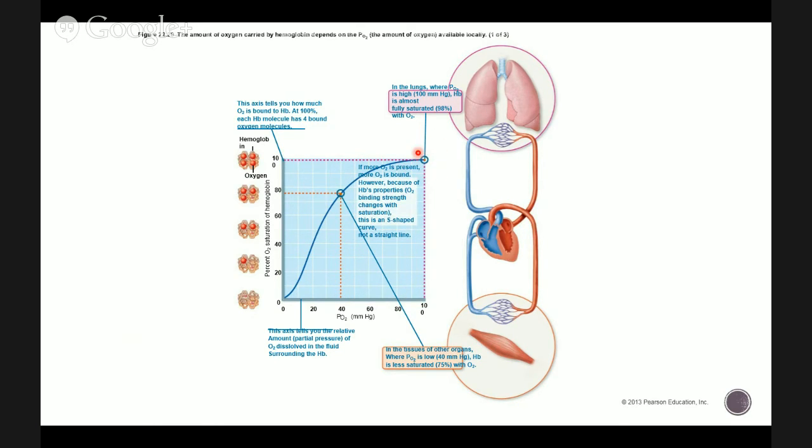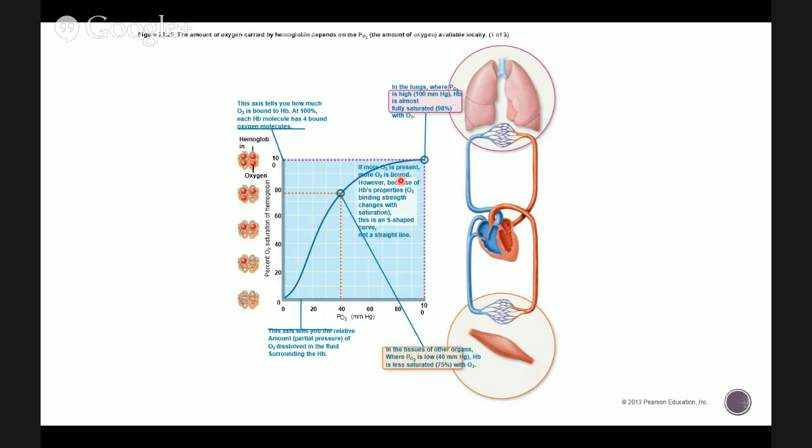So at 100 millimeters mercury, look at the saturation of hemoglobin. It's almost full. It's 98%. So is hemoglobin letting go of the oxygen here? You're shaking your head no, and you're correct. It is not. Hemoglobin is like, you don't need it. You've got plenty. So I'm hanging on to it, okay?